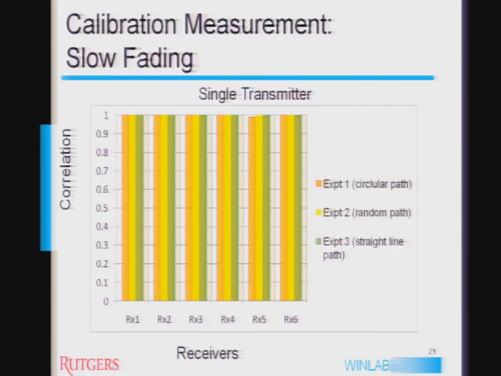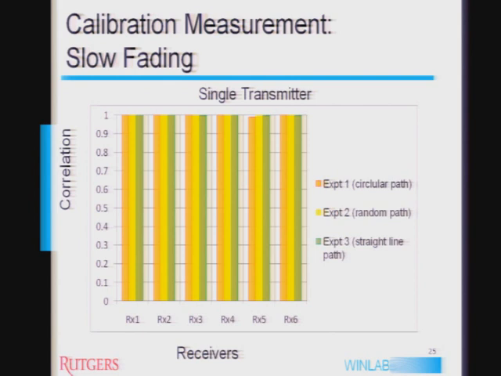Basically, he's not capturing fast fading. He's separating out the whole fast fading part, just looking at two samples that are 80 milliseconds apart, each coming from an average.